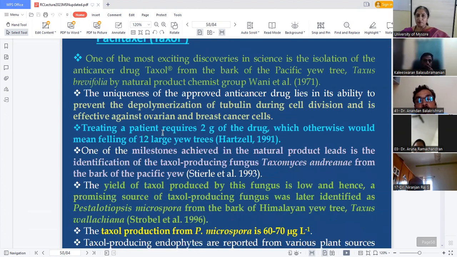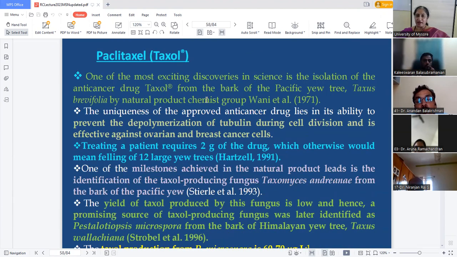Okay, so paclitaxel, or taxol as it is named in the trade, is one of the most exciting discoveries in science, because from the bark of the Pacific yew tree, Taxus brevifolia, natural product chemist Wani et al. identified the drug. To treat a patient, you need 2 grams of the drug, which otherwise means you have to cut down almost 12 large yew trees.